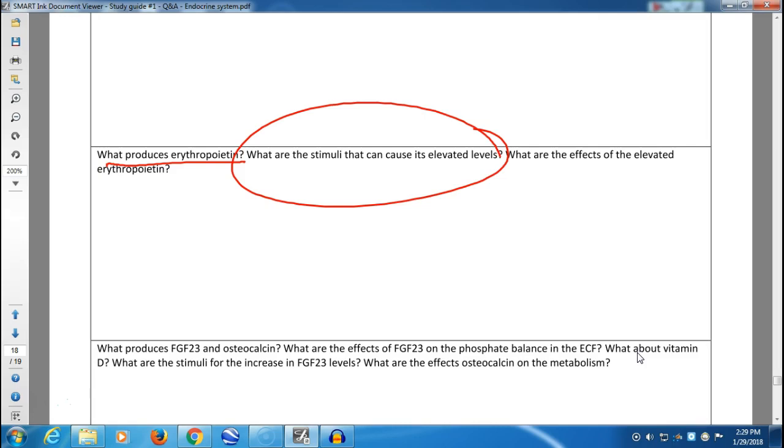Hypoxia, or low red blood cells, which may result from anemia or blood loss. Okay? Does that make sense?